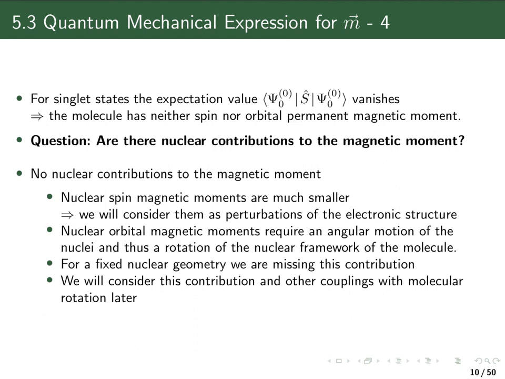Yes, there are, but right now we are in the Born-Oppenheimer approximation, which means that nuclei are fixed in space, so they have no kinetic energy, they don't move, and therefore there are, of course, no orbital magnetic moments of the nuclei. Later on in chapter 6 of the book, we come back to that. There we will allow the nuclei to move and to rotate, and we will then consider the magnetic moments coming from the motion of the nuclei.